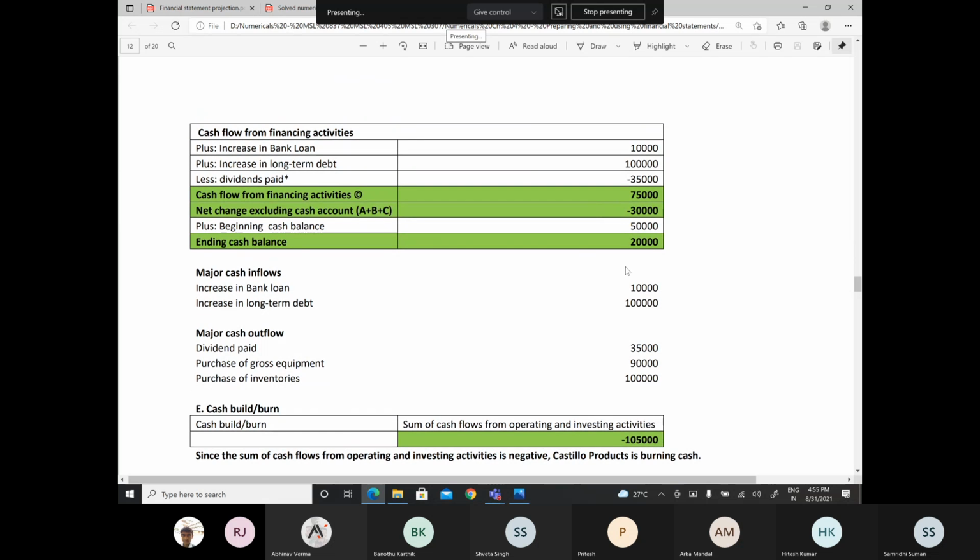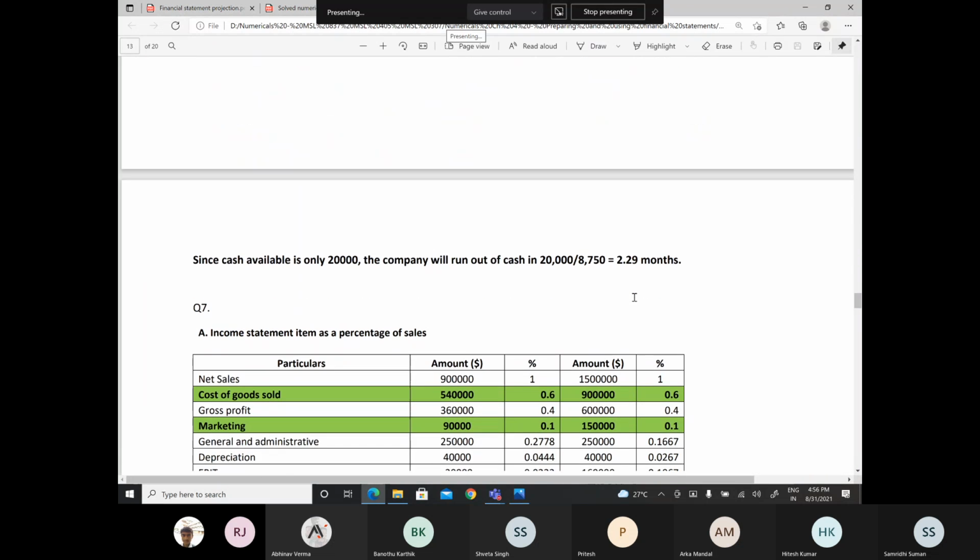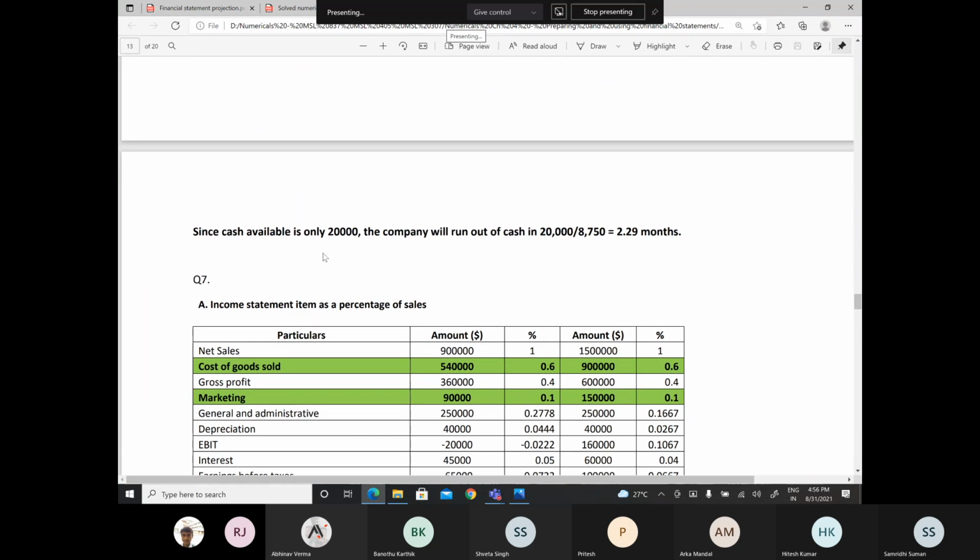Now only 20,000 is available because minus 30,000 was the net change that we had. So since only 20,000 is available with us, how many months will this last us? The company will run out of cash, or face an OOK situation. OOK is out of cash, in 2.29 months. Okay, so in 2.3 months we will be out of cash.